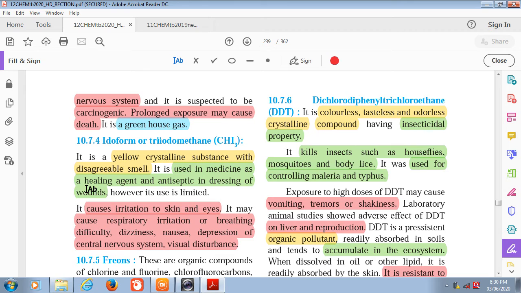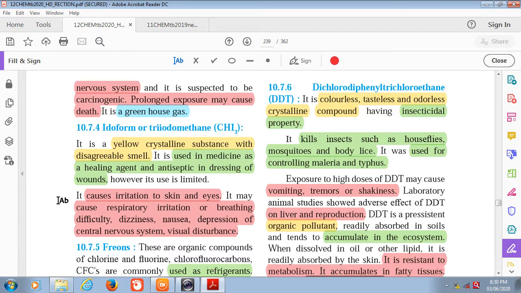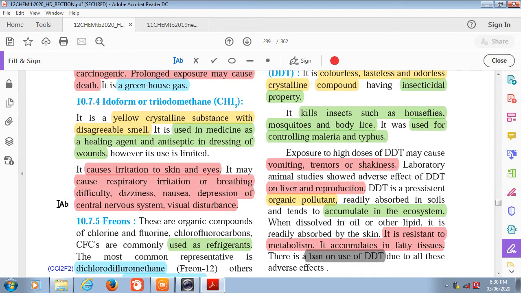It is also used as an antiseptic in the dressing of wounds, but the use is for limited purposes. Then what is the side effect? It causes irritation to skin and eyes. It causes respiration or breathing difficulty, dizziness, nausea, depression of the central nervous system, and it may disturb the visual system.